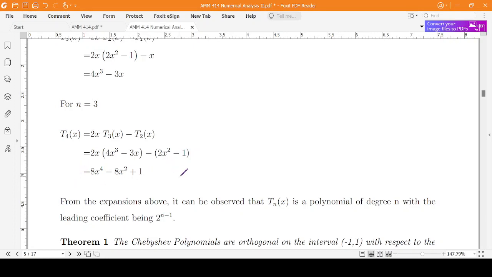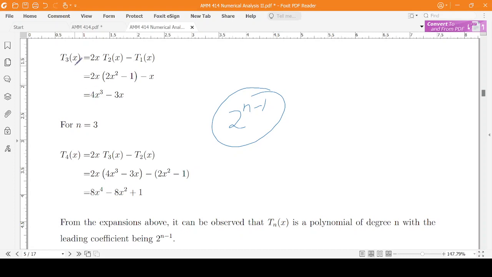Now, what is important to note is that the coefficient of the leading term can be expressed as 2 raised to power n minus 1. We can always express the coefficient of the leading term as 2 raised to power n minus 1. For example, when n is 3, we have 2 raised to power 2, which is 4.